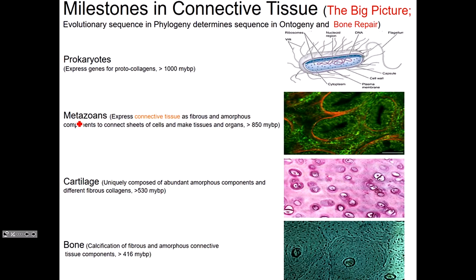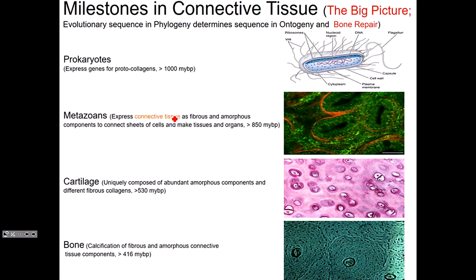And of course you can imagine to have a multicellular organism, you've got to stick the cells together, right? And one of the things that you can use to stick the cells together is connective tissue. It connects tissues, connects cells. It makes sense. And that connective tissue can be either fibrous or amorphous. And we think maybe that evolved in the Precambrian, maybe 850 million years ago or something like that. We don't really know clearly, because fossils are exceedingly rare from that period.